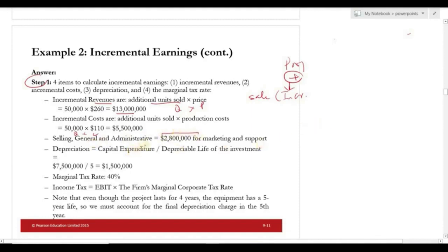And depreciation is for 5 years. So capital expenditure is 7.5 million divided by asset life, which is 1.5 million. Remember, for depreciation we don't use project life.